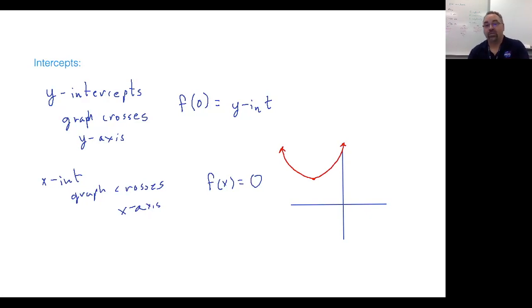Does a function always have to have a y-intercept? Well, no, it doesn't necessarily have to have that either. We saw some examples of these functions previously in Algebra 2, the rational functions that had a vertical asymptote, where it doesn't actually cross over the y-axis.